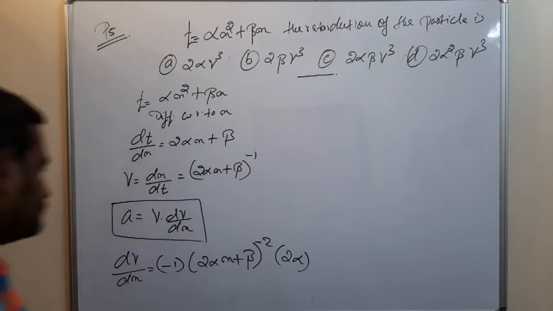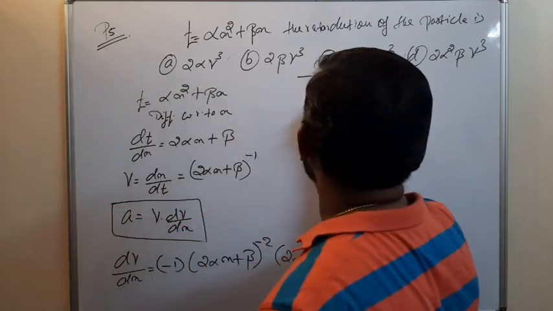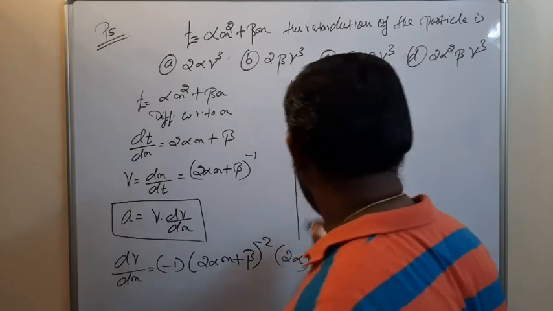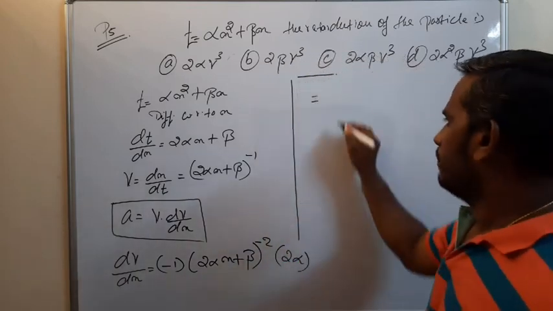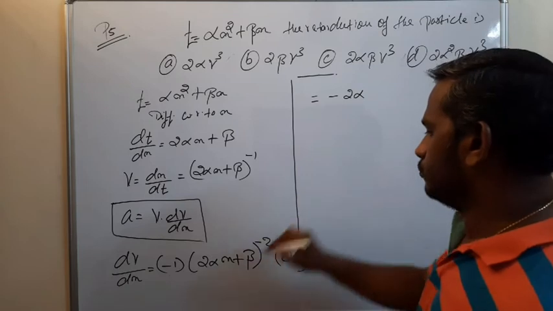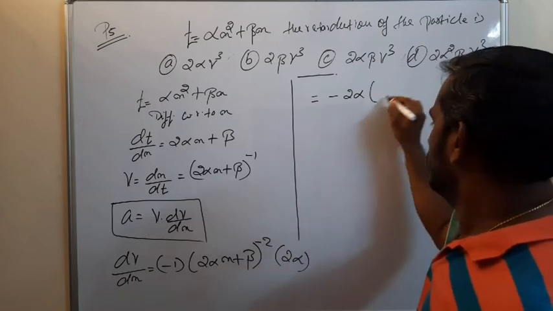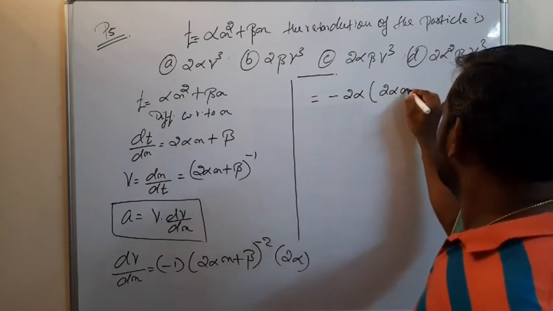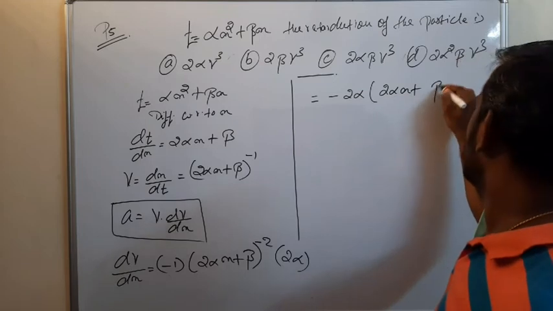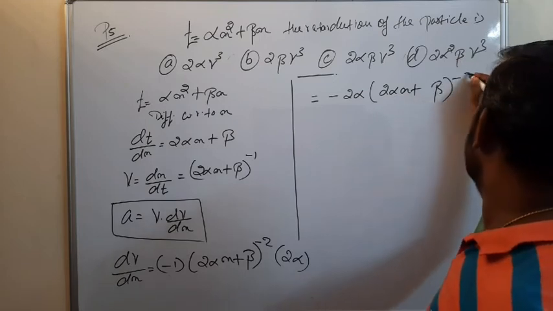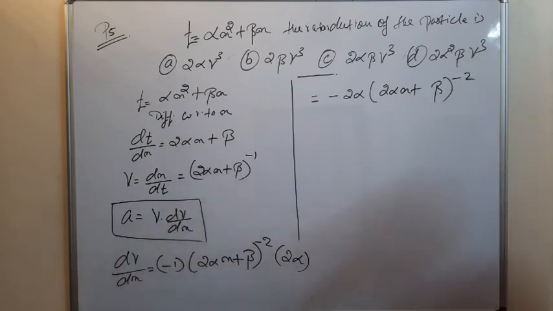So that's equal to minus 2 alpha into (2 alpha x plus beta) the whole power minus 2.